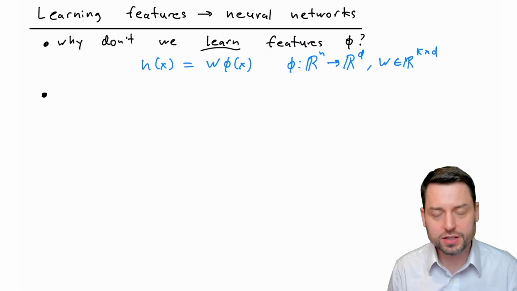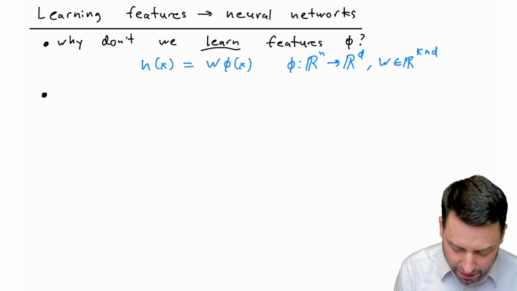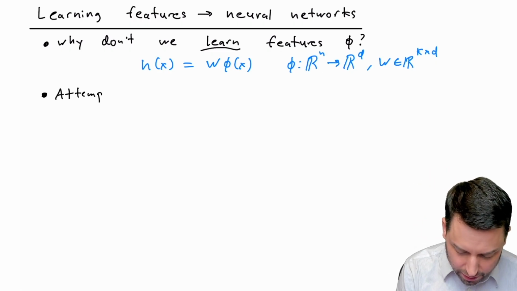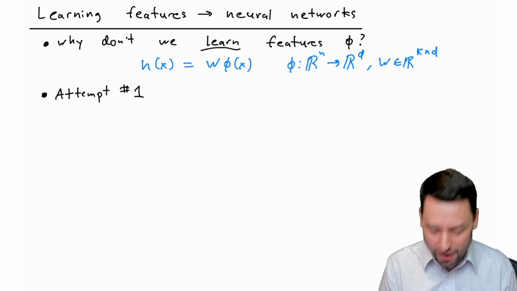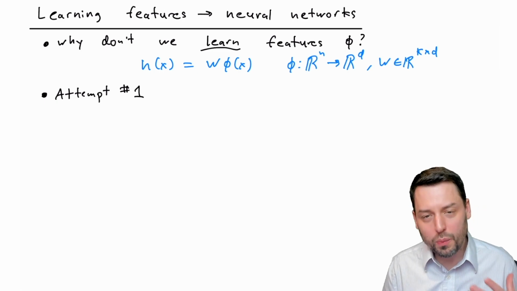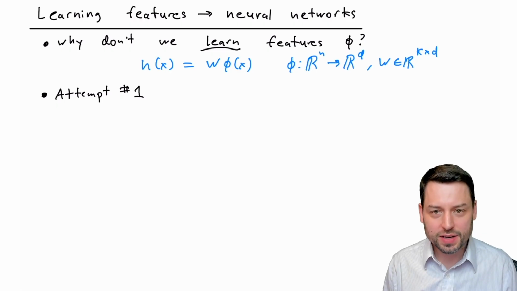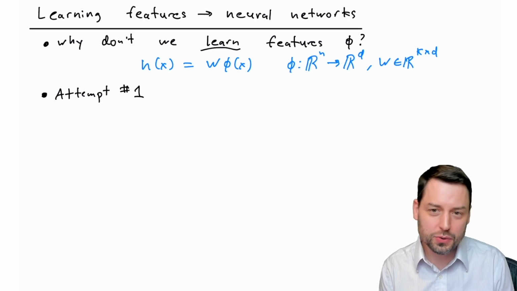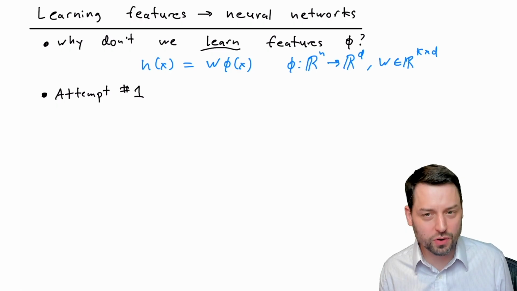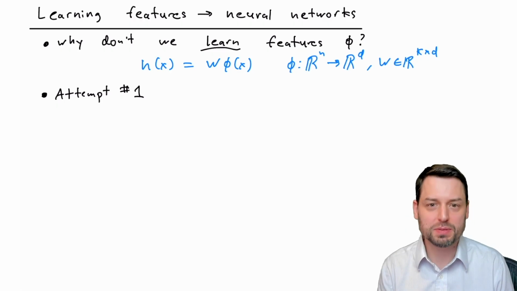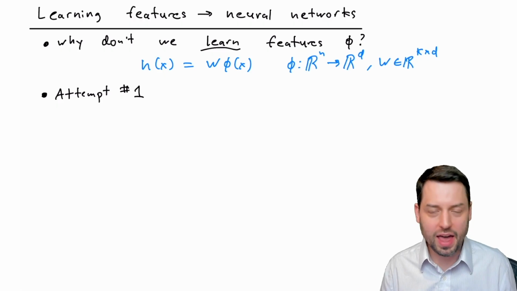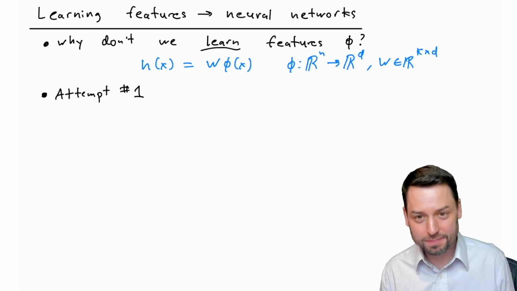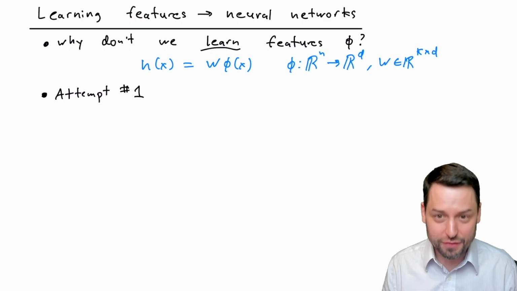The first thing I'm going to try is attempt number 1. I should be clear here, this attempt is not going to work for a reason that will become very obvious soon. But when we needed a model that mapped n-dimensional inputs to k-dimensional outputs, the first thing we tried was a linear model, right? Just a matrix that maps between these two spaces. Why don't we just use a similar linear model as our feature function?